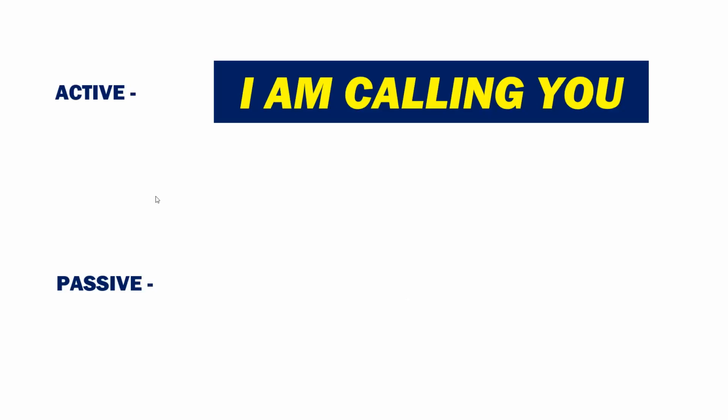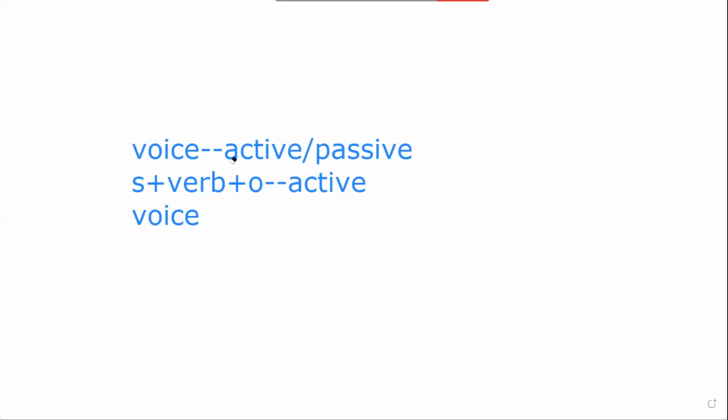Now I'm going to discuss some rules. Although these rules will also be applicable in this PDF, I am writing a little bit, and I appreciate if you note down. If I say simple present, I hope the screen is visible and the font size is okay.